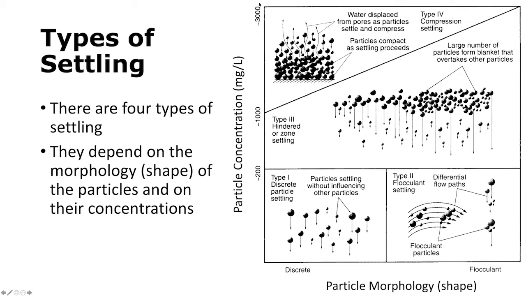That happens when you have very high concentrations of particles. And then the other type of settling is type 2, which happens when you have flocs, and this would be the case in water treatment processes. We have flocculent particles following differential flow paths and forming these larger flocs that will settle at a different speed than the individual particles themselves.